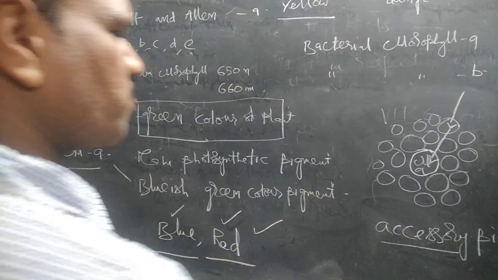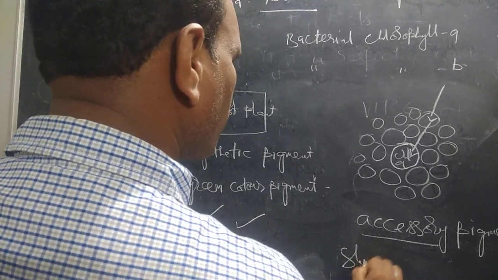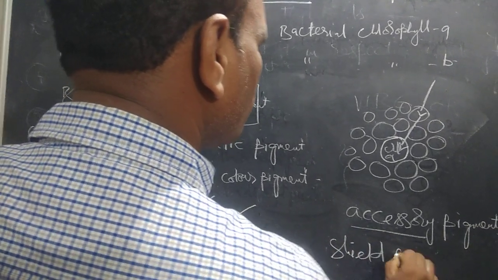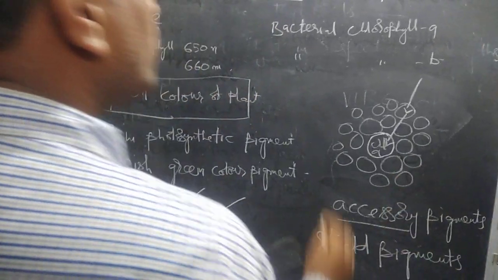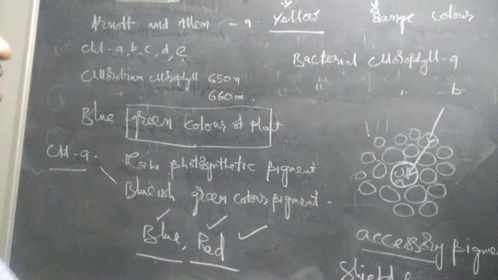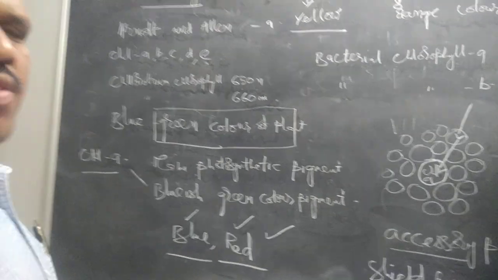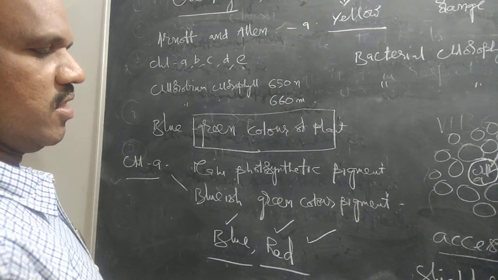These pigments are also called shield pigments. Chlorophyll B, carotenoids and xanthophylls protect chlorophyll A from high light intensity.